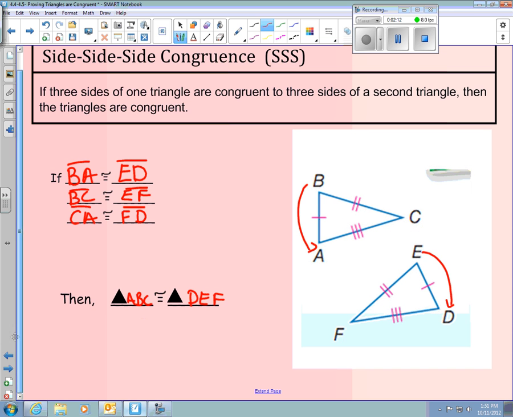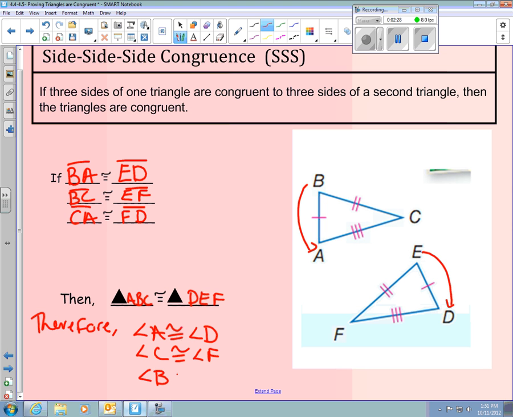Then, if our triangles are congruent, we can see that angle A is going to be congruent to angle D, angle C is going to be congruent to angle F, and angle B is going to be congruent to angle E. So if our sides are all equal, our angles will all be equal.